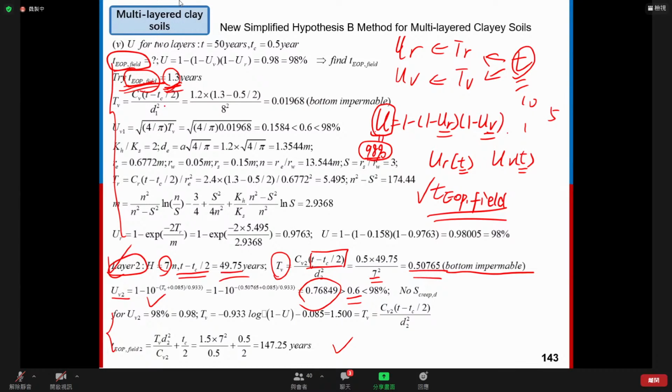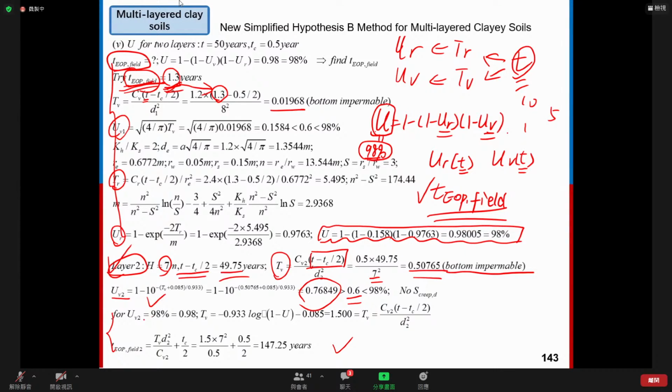Here we just directly give you the result, 1.3 years, and you can see if we have 1.3 years, we use this into the t value here, get the UV. Again, we calculate TR, then get UR. You see the final U is almost equal to 98%. So this is for the layer 1.